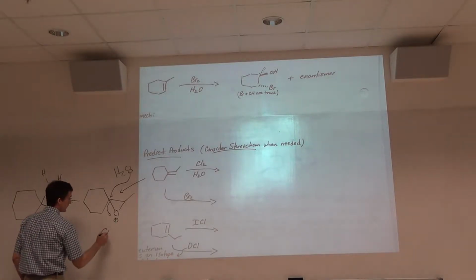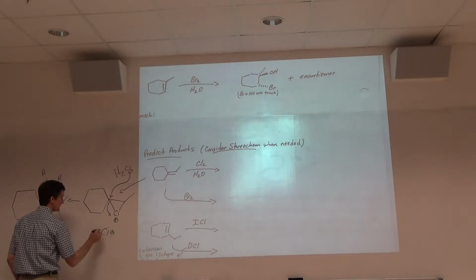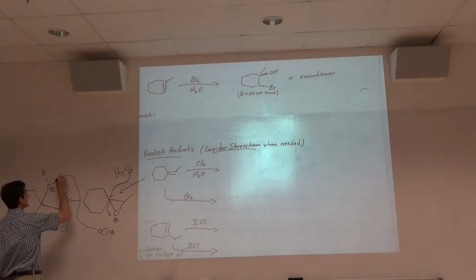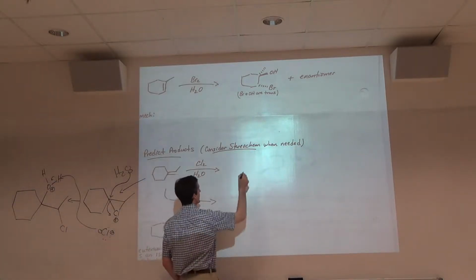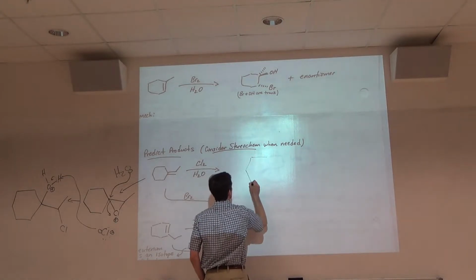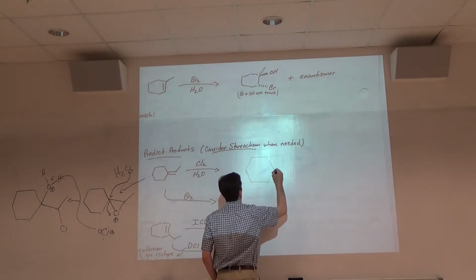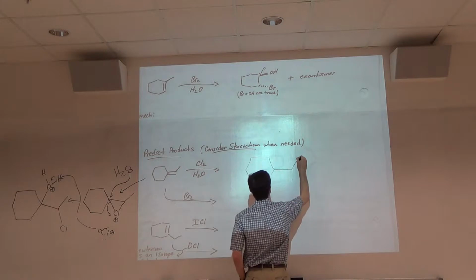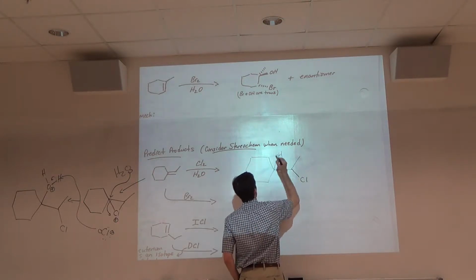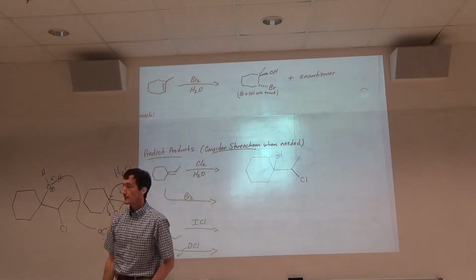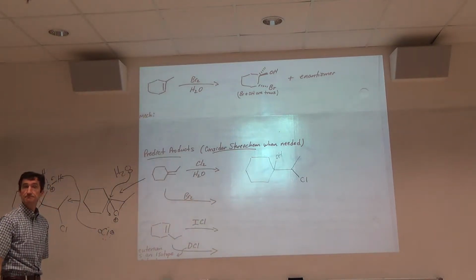And then there's another chlorine here. This chlorine takes the H. These electrons stay behind. That's just an acid-base reaction. And we get the final product, which looks like that, which is a halohydrin.